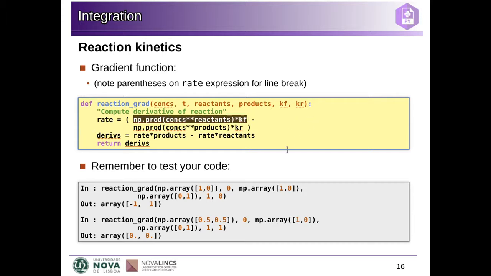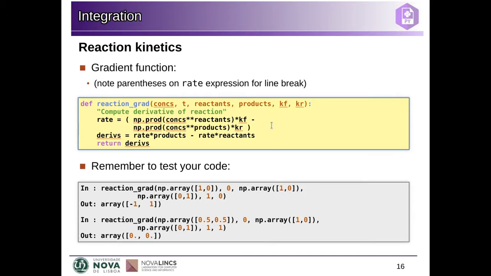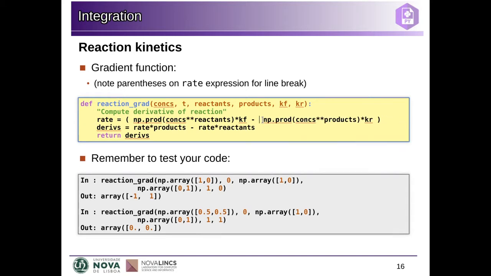Now here there is another useful trick. I put this in parentheses here at the beginning, and this allows me to break the line and continue on the following line. Python also allows you to do this if you use a backslash, but usually parentheses are better visually and make the code easier to understand. And the reason I did this is because if you look at the code like this, it's harder to see if I'm making any mistakes.